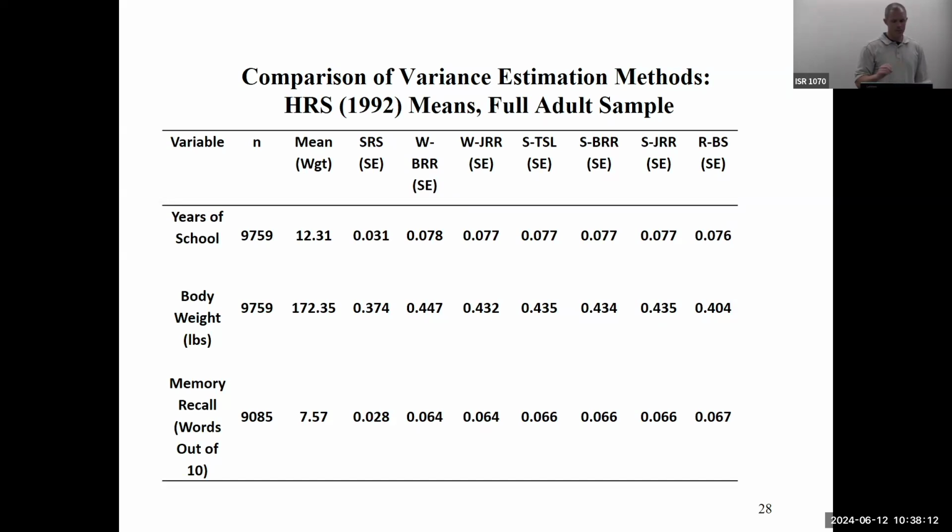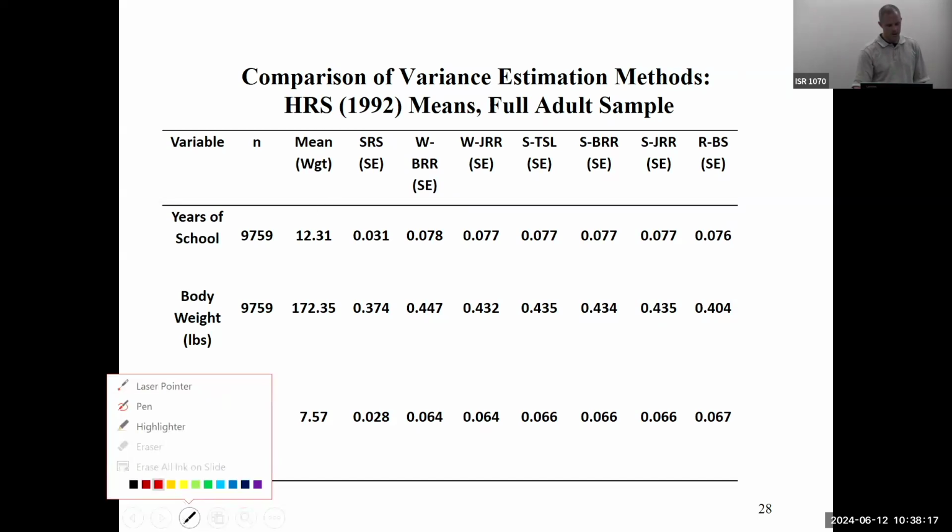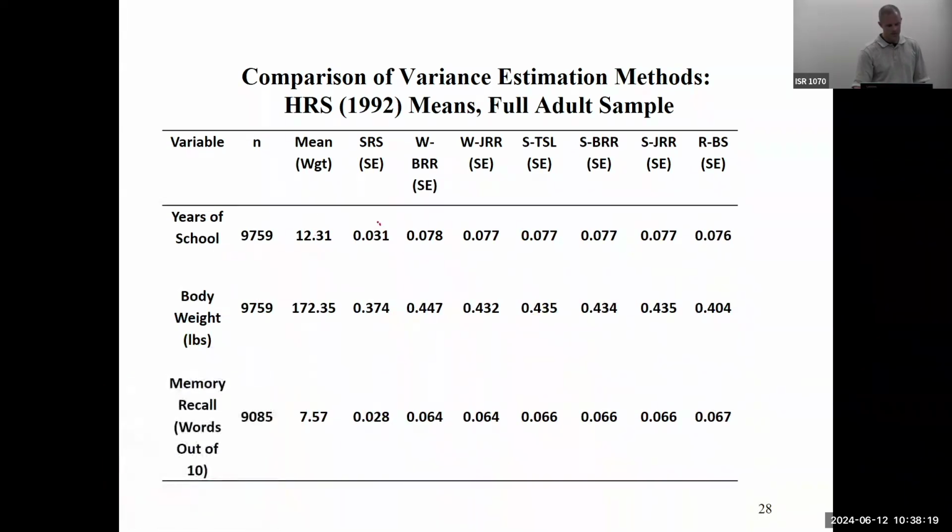Okay, main points to take away from this table are this column versus everything else, right? Look at the standard errors based on all those different approaches, different levels of complexity, different ways that replicates are being formed, use of linearization given stratum and cluster codes. It doesn't matter. Okay?